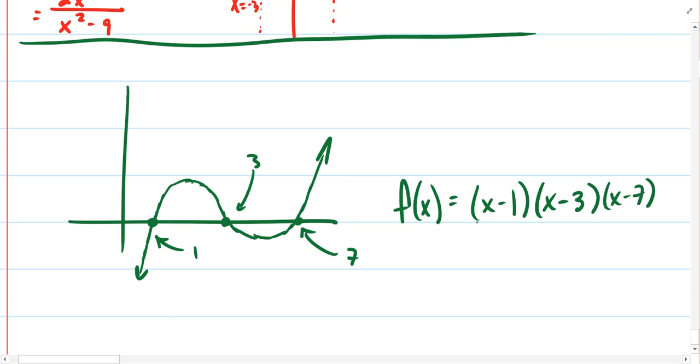And we've got to consider, well, what's going to happen if we FOIL this back together. In doing so, we're going to end up with x to the third power plus some other terms minus 21 at the end, because negative 7 times negative 3 times negative 1 produces our constant.